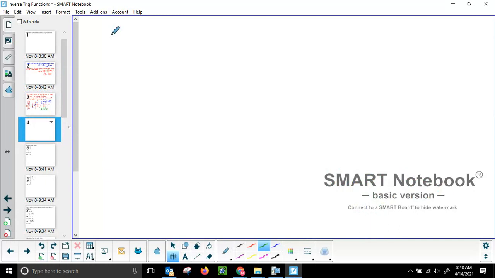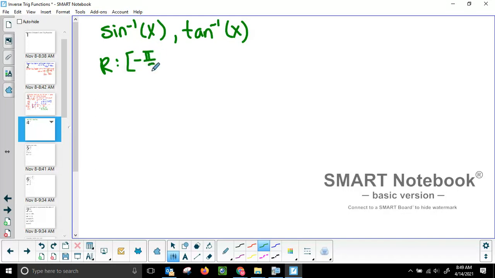For inverse sine and inverse tangent, our range, which is all we care about because that's what we're answering, is -π/2 to π/2.